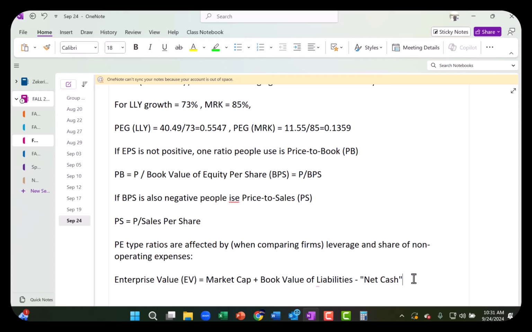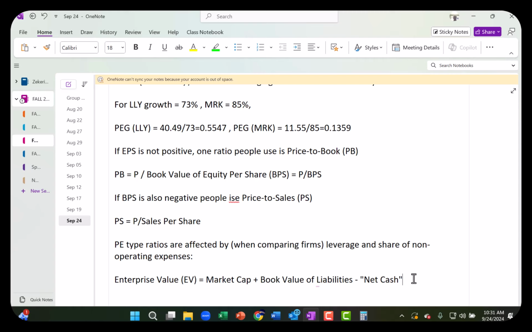If we can assume that book value of liabilities is almost the same as market value of liabilities, which is a good first approximation. Again, in this sort of analysis, you can't go after precision because a lot of things are based on predictions anyway, which has forecast errors.